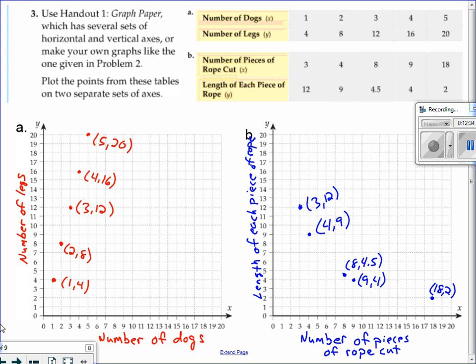Those are going down, but if you look at the x's, they're going up, 3, 4, 8, 9, 18. Now in the graph, what you'll notice is, as you go from left to right, the points are going down. Okay, so what that tells me is if y decreases as x increases, the graph goes down as we go from left to right. And that's what you see in the graph with the rope.